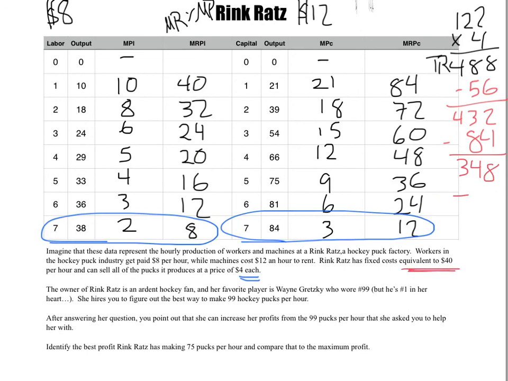So we have to subtract $40 from our remaining revenue, and we'll get a profit of $308 per hour, because these were all hourly units with this. So this firm is doing quite well for itself. It's earning an economic profit while employing the profit maximizing number of labor and the profit maximizing number of capital.